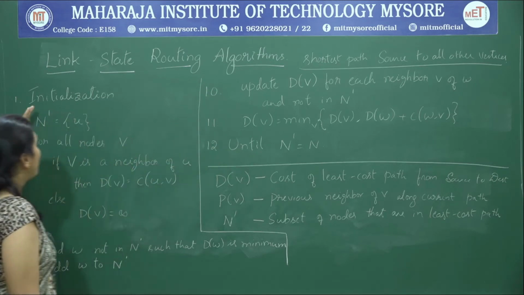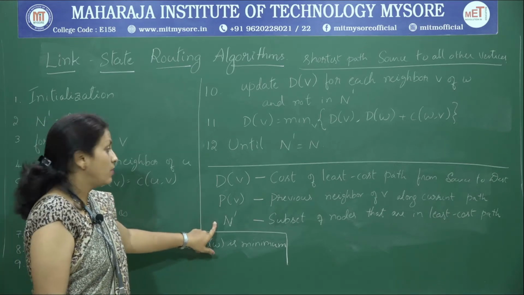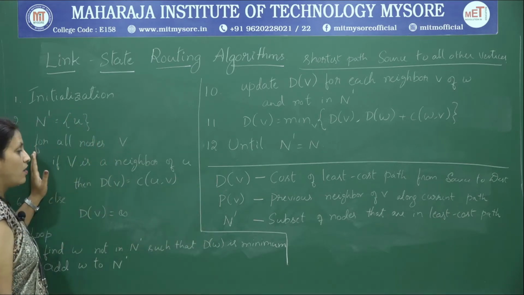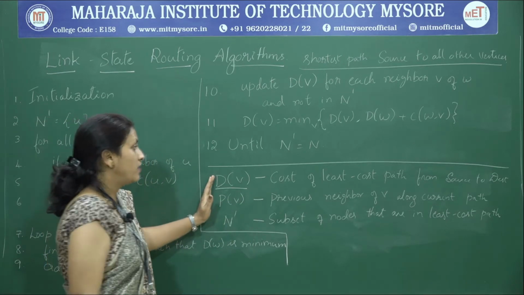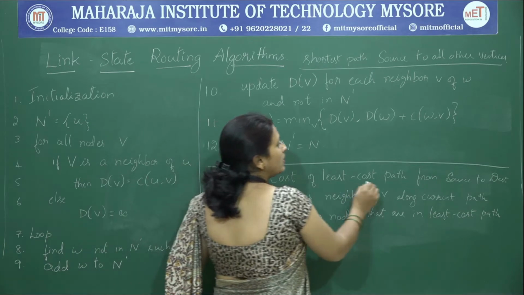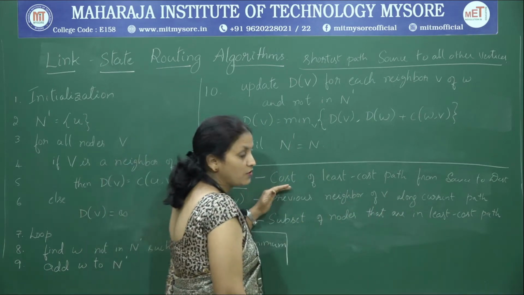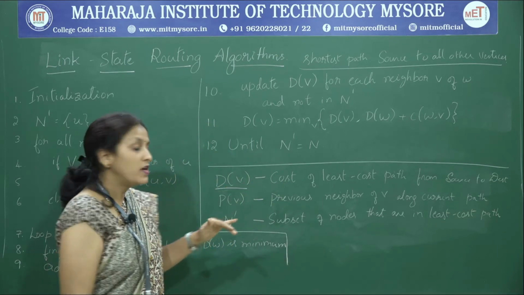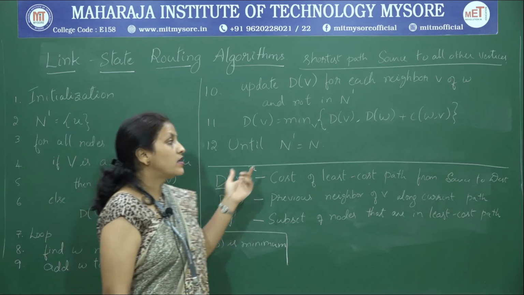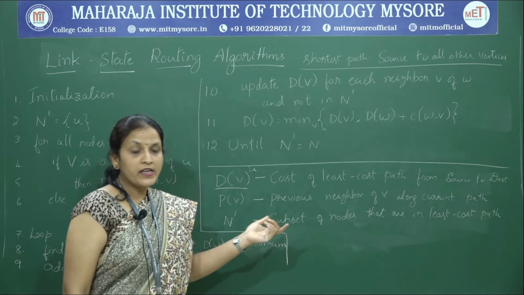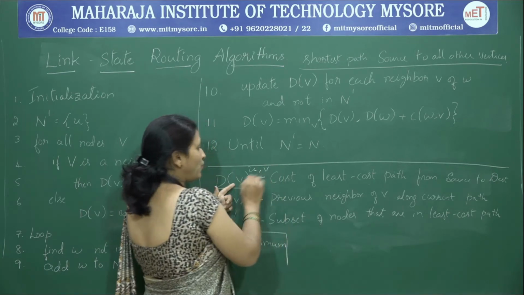Okay. So, before moving on to the algorithm, let us consider these three terminologies that we are using in this algorithm. We are using D of V to represent the cost of the least cost path from a source to destination. For example, if I consider U as my source, what is the cost that it takes when we travel from U to V?